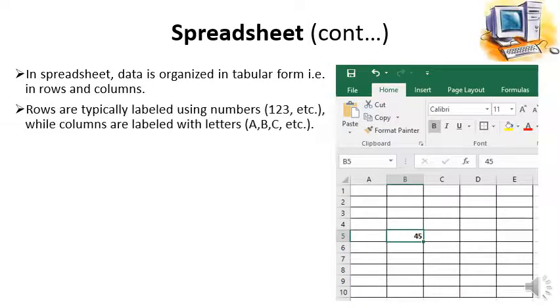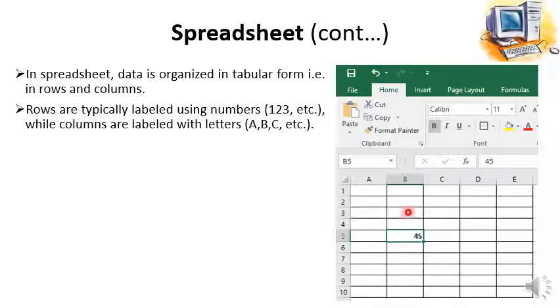Rows are typically labeled using numbers 1, 2, 3, etc., while columns are labeled with letters A, B, C, etc. Here in this image you can see that each row is represented by a number 1, 2, 3, 4, 5 and so on, and the columns are represented with capital alphabets, that is A, B, C, D, E and so on.